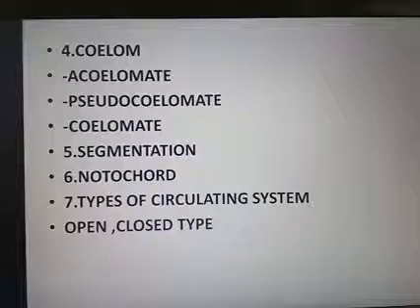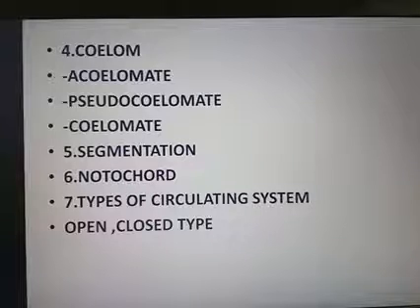The phylum Porifera up to Echinodermata belongs to non-chordata. From Porifera to Echinodermata, it contains 10 phyla. These 10 phyla are included in the group non-chordata and others are chordata. Chordata means vertebrates. All chordates are not vertebrates. Vertebrates are a part of the chordates.